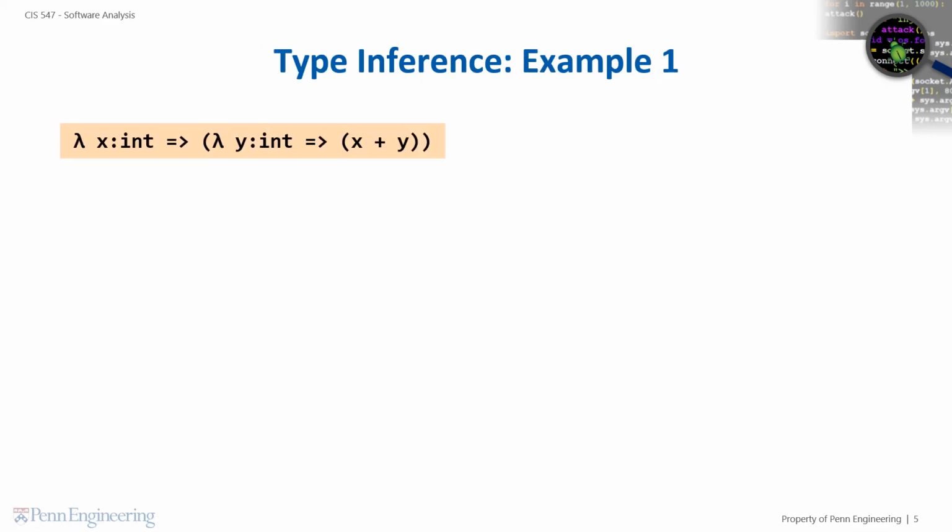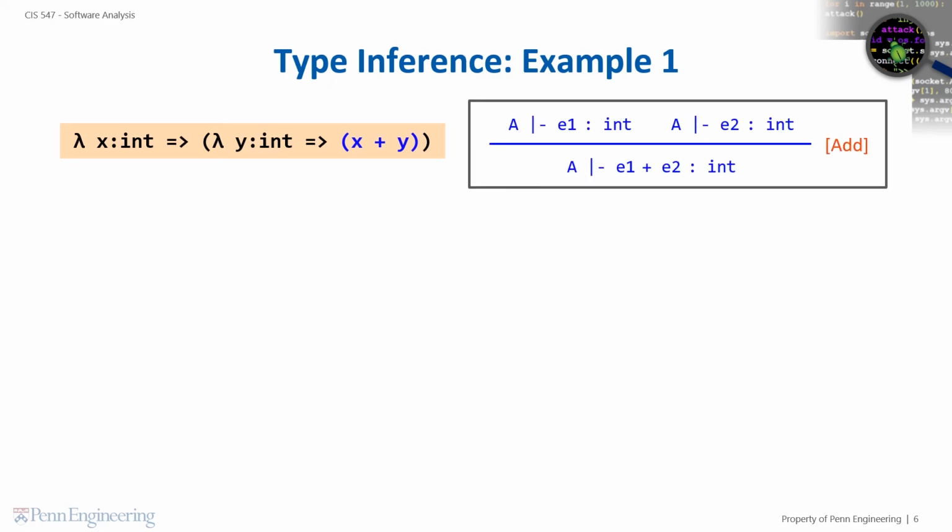Suppose we would like to infer the type of the program shown here. Let's start out with the expression x plus y highlighted here. From the type rule for addition, we know that the types of sub-expressions x and y must be int. And furthermore, that the type of the expression x plus y must also be int.